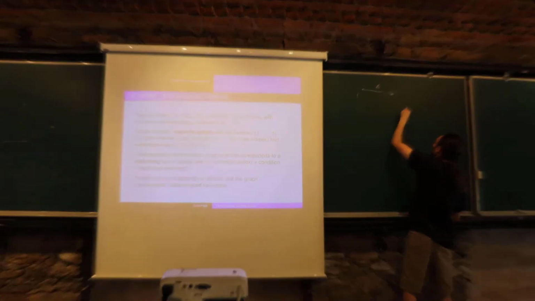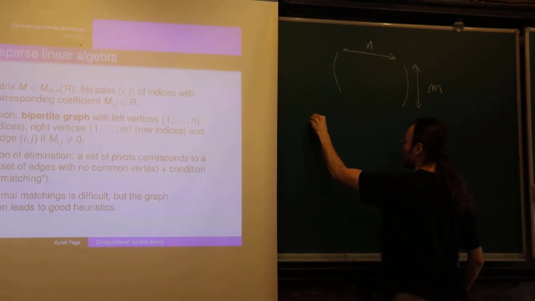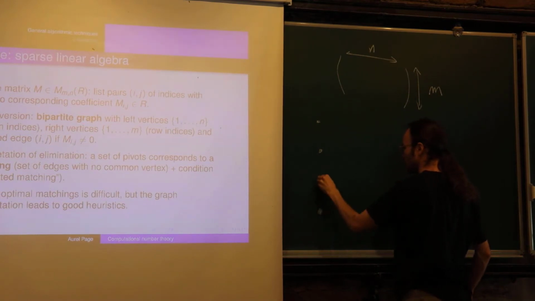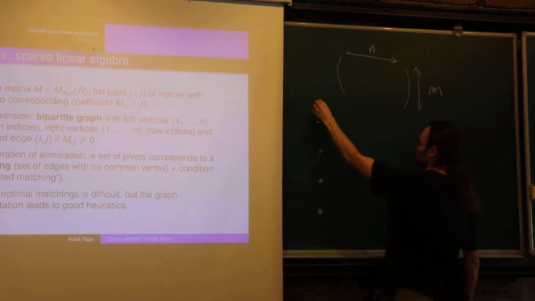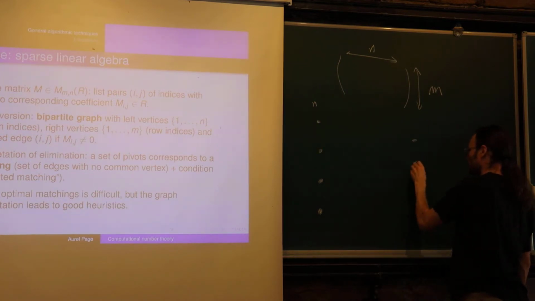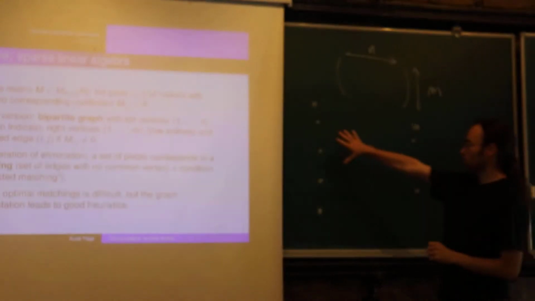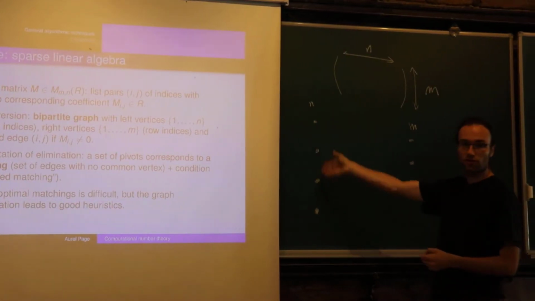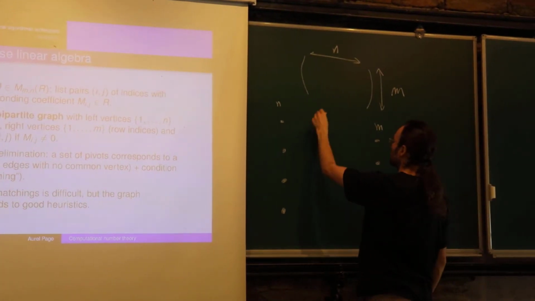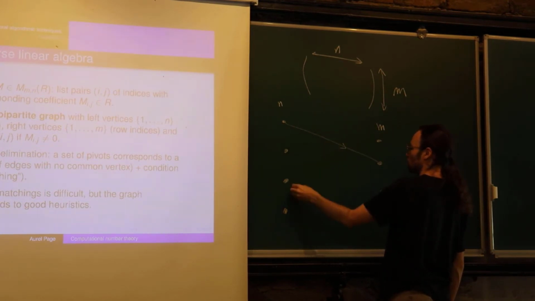Your matrix has n columns and m rows, and you will think of the columns as being left vertices. So there are n of these and m of those. And these essentially represent the basis of the domain space. This is the basis of the codomain space. And non-zero coefficients will be arrows between one side and the other.